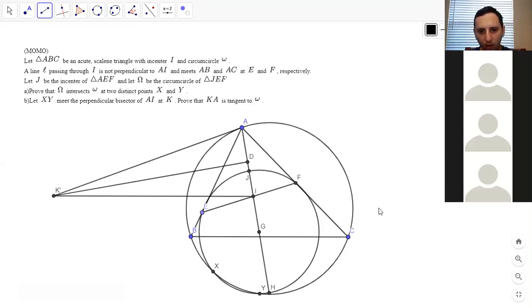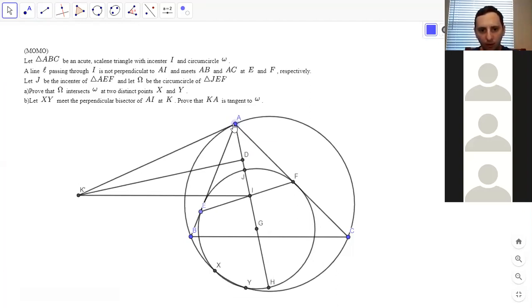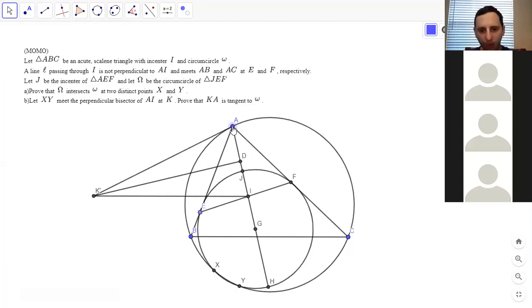So DA squared will be equal to DI squared, which equals DJ times DH, right? So D will lie on the radical axis of the point circle I and circle JEF, right?